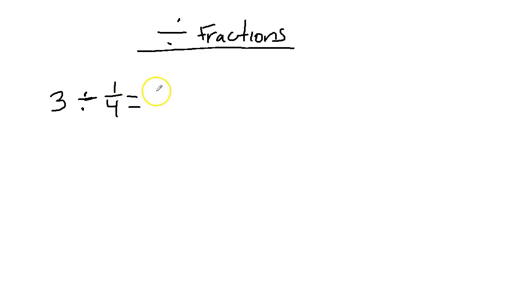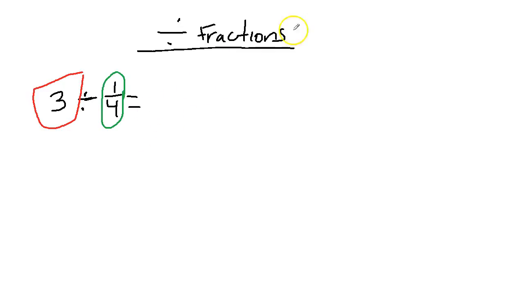So in order to do that, what we're going to do is this first part here on the left side we keep. And always the fraction on the right side we flip. Okay? We flip it. And when you flip it, the problem becomes a multiplication problem.